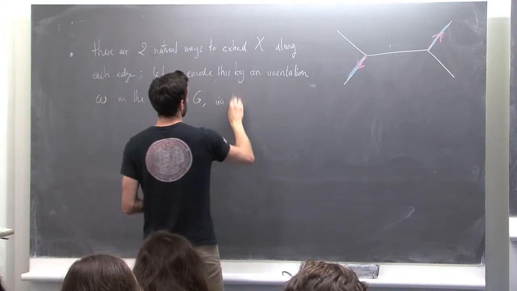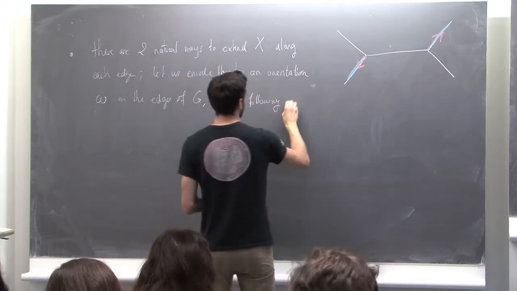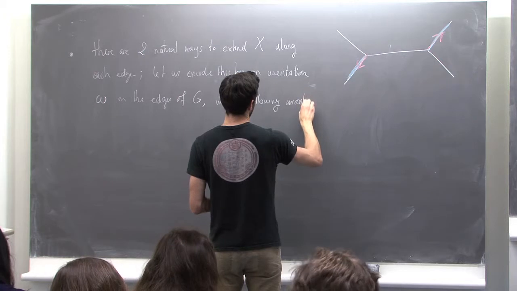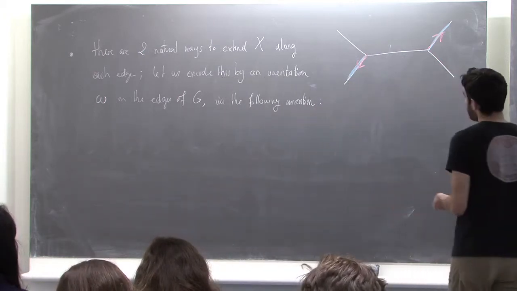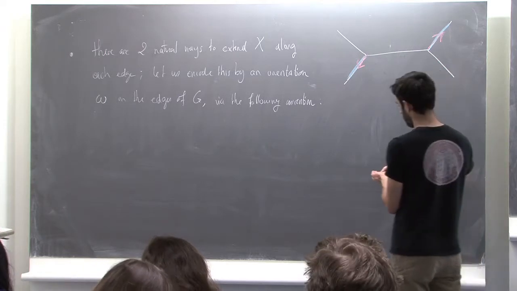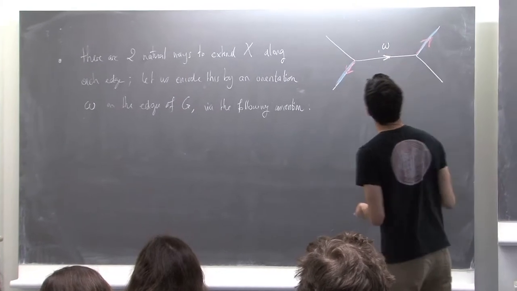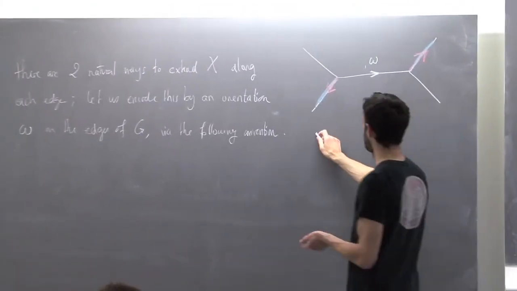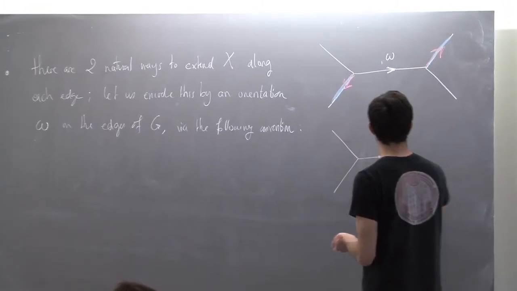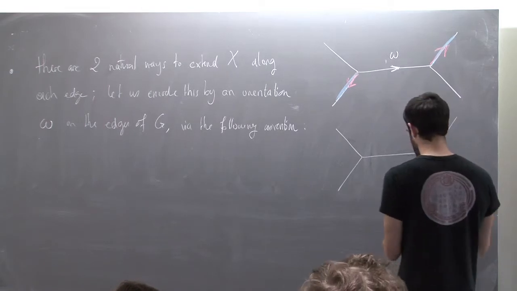And I will use the following convention. Let's say that the orientation here is like this. And I'm going to draw, maybe on another picture here, my vector field.